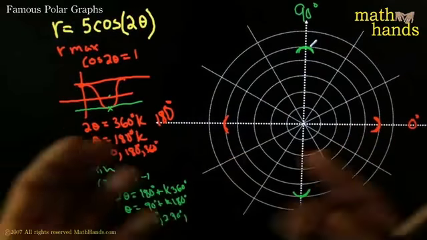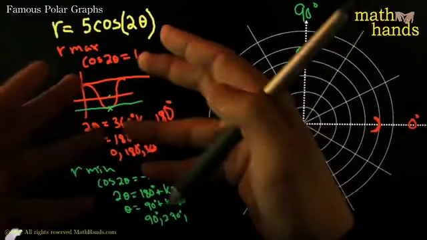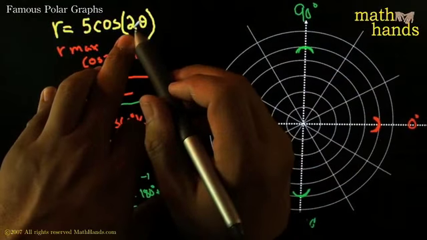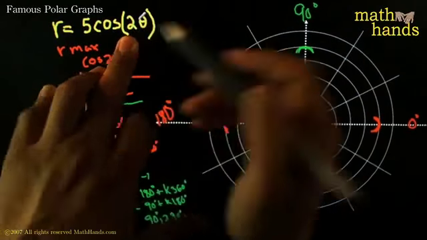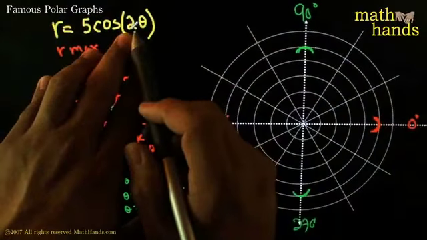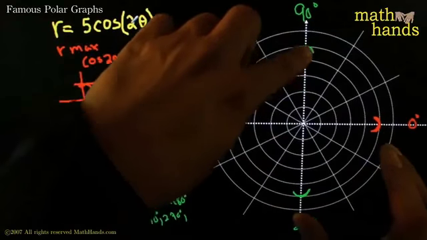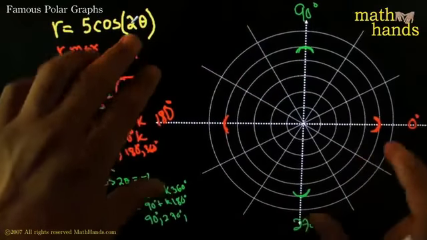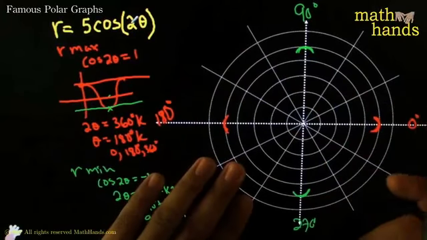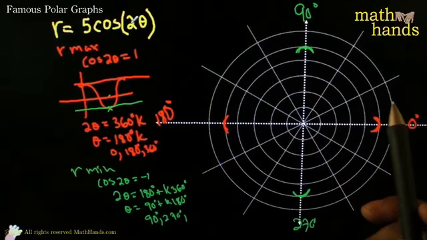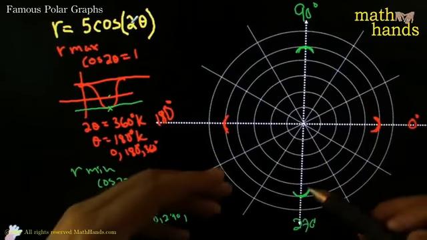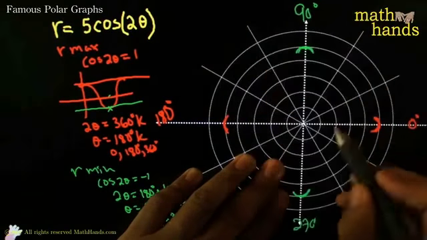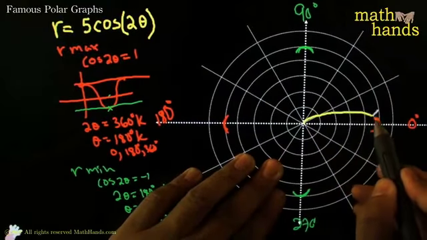Something curious happens when you analyze the maximum and the minimum values of R. Whenever the integer is even, they will not repeat each other, so you have twice as many petals. Here we're going to have 4. Whenever it's odd, they actually overlap each other. And you can think about why that's true.